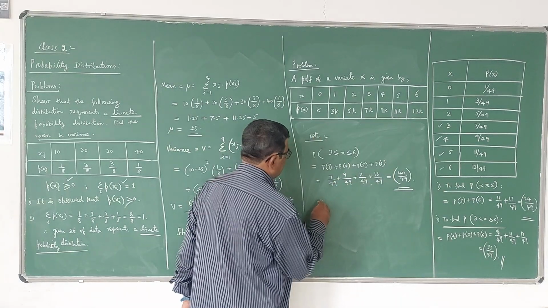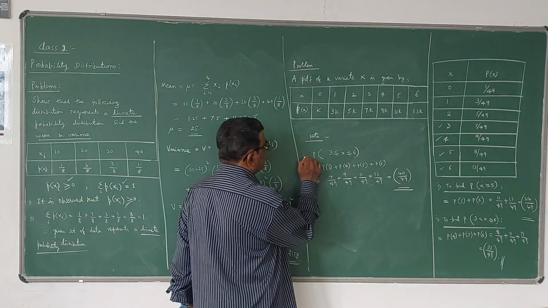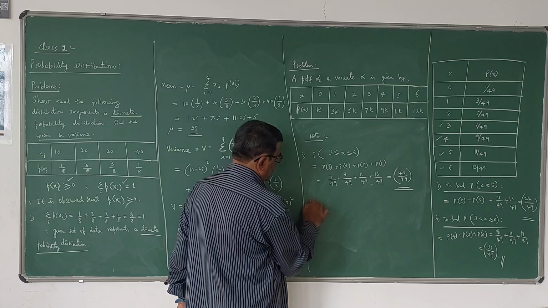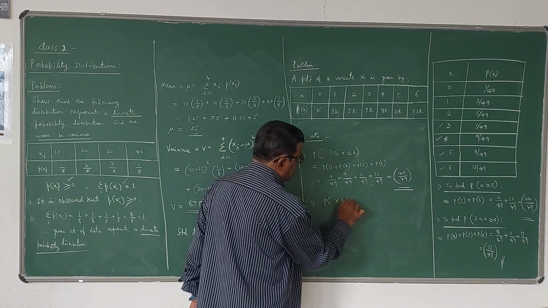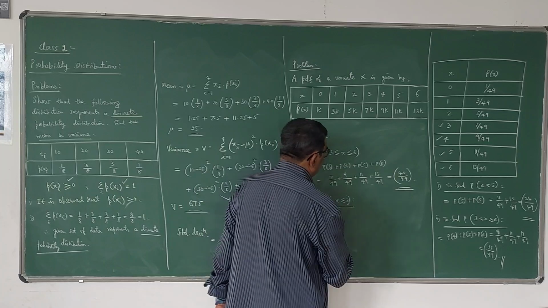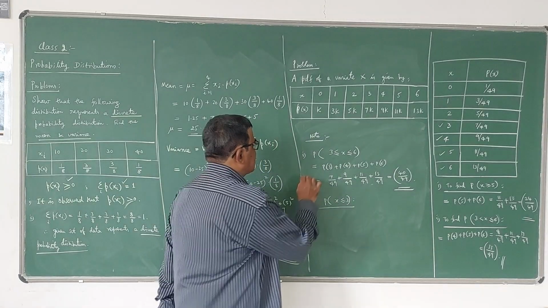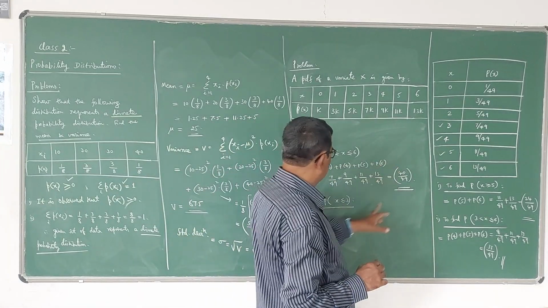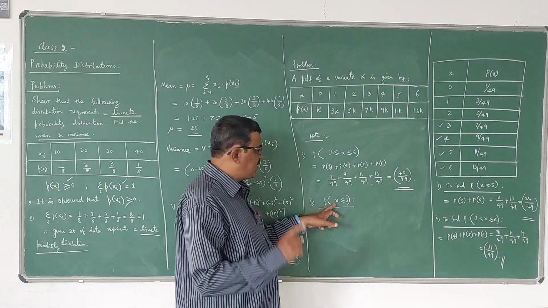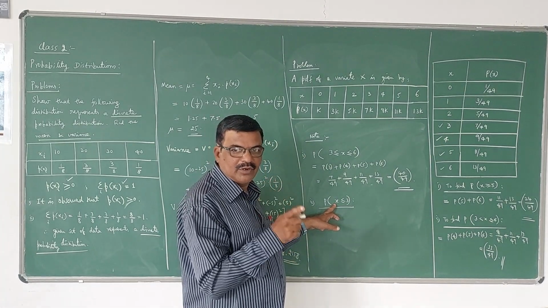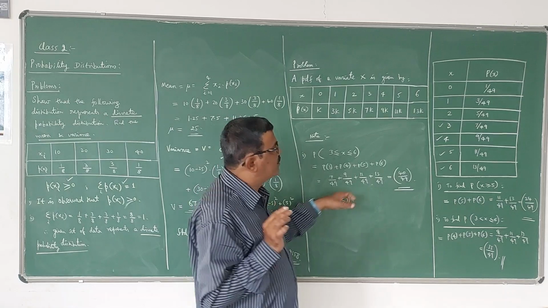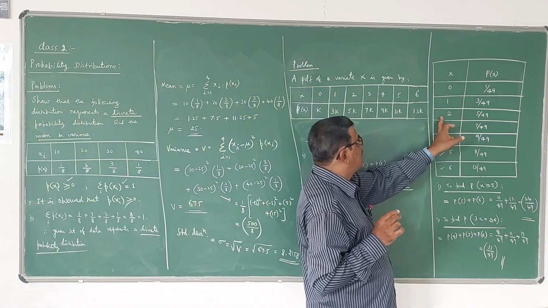Suppose they give p of x less than or equal to 3. What is the meaning of this? P of x less than or equal to 3 means x can be 0, x can be 1, x can be 2, x can be 3, that is 0, 1, 2, 3.